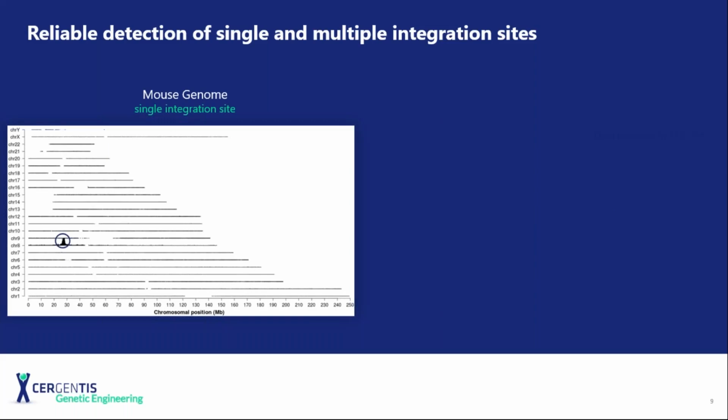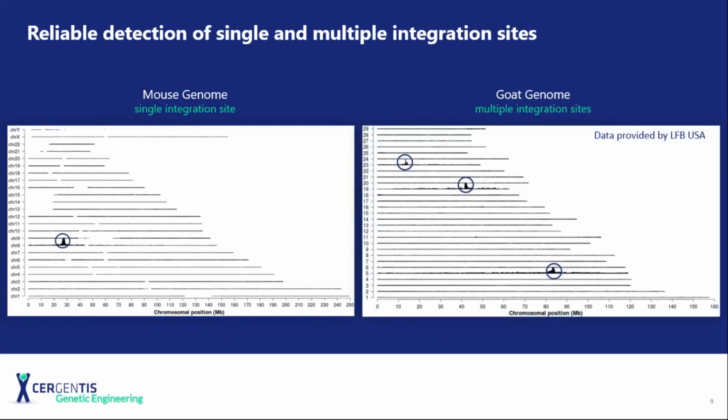As we design our primers and our experiment specifically for the vector sequence of interest, we can detect both single as well as multiple integration sites by mapping the data back against the reference sequence. So what you see here is not a whole genome coverage plot, but a TLA coverage plot to illustrate where the transgene has integrated into the genome.